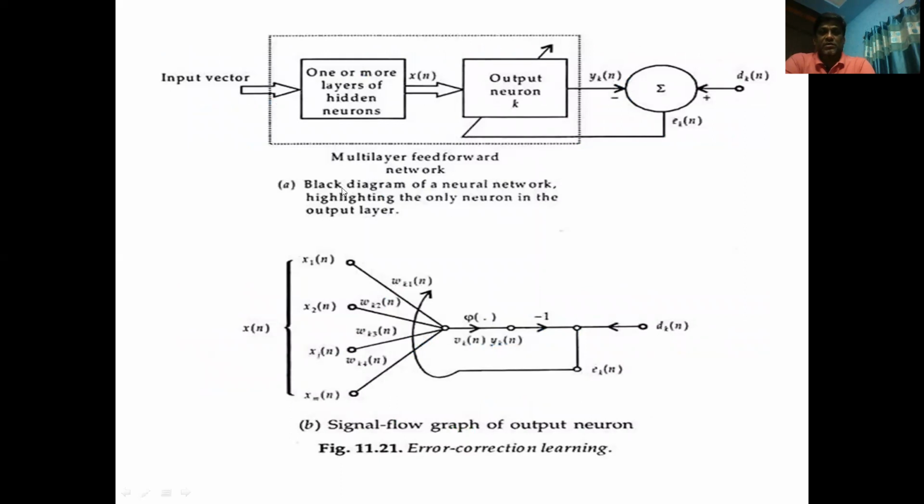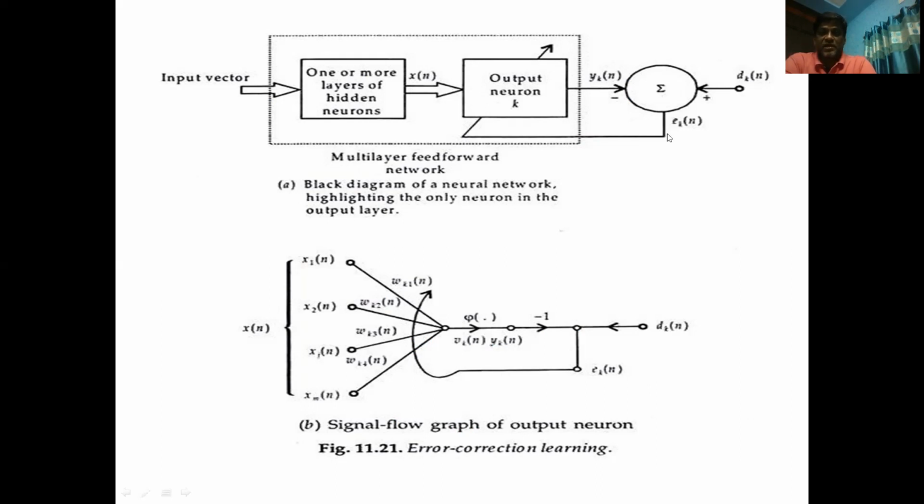So this is a pictorial representation of the concept that was explained till now. This is the block diagram of a neural network that shows the output neuron k. Assume that yk of n is the actual output generated from this output neuron, and this is the desired response connected to this neuron, and ek of n is calculated as the difference between this desired response and the actual response calculated.